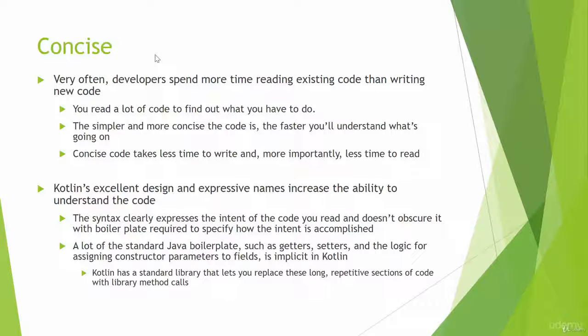A lot of the standard Java boilerplate, such as getters and setters, and the logic for assigning constructor parameters to fields, is implicit in Kotlin. Kotlin has a standard library that lets you replace these long, repetitive sections of code with library method calls. And that's very apparent when you do a findViewById in Android. You don't have to do that. It's just much smaller.